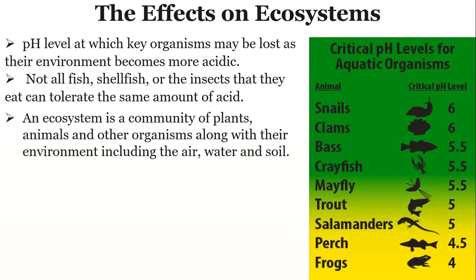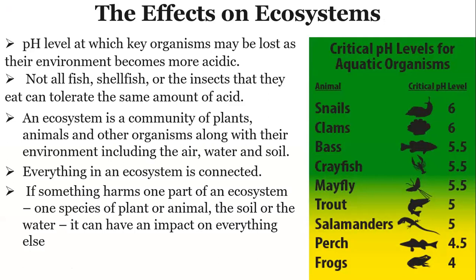An ecosystem is basically the community of plants, animals, and other organisms along with their environment, including the air, water, and soil. Everything in an ecosystem is connected. If something harms one part of an ecosystem, be it one species of plant or animal, or the soil or the water, it can have an impact on everything else, thereby affecting the entire ecosystem.